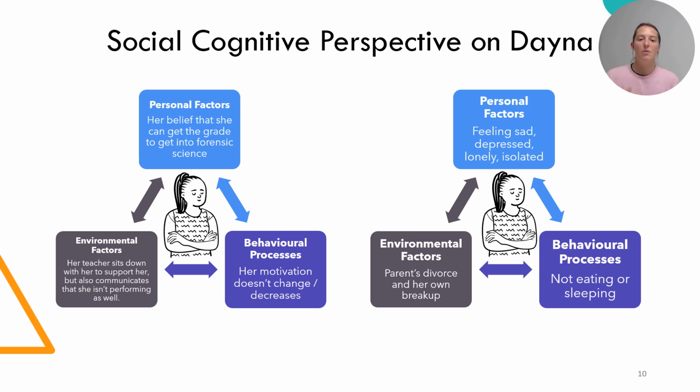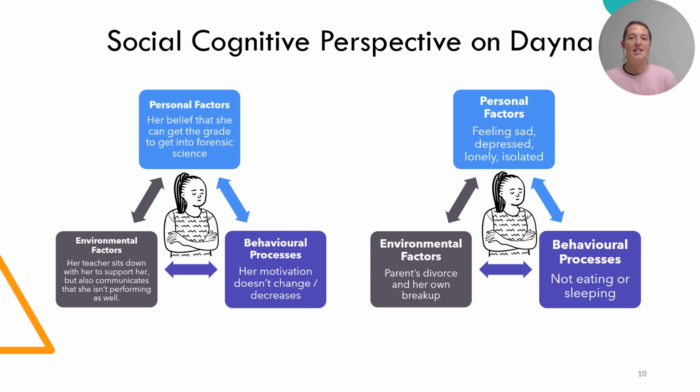And then a behavioural process, obviously we can see these all interacting. Her motivation decreases. She's like, okay, I can't get into forensic science, I've got to change things. And we can see the impact of all three, and how they're reciprocal relationships, they all intertwine together.